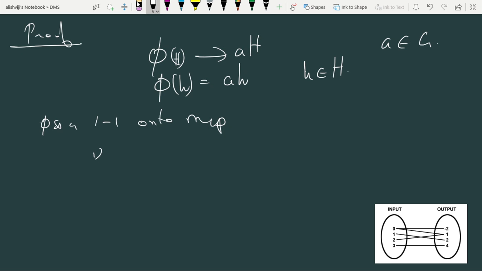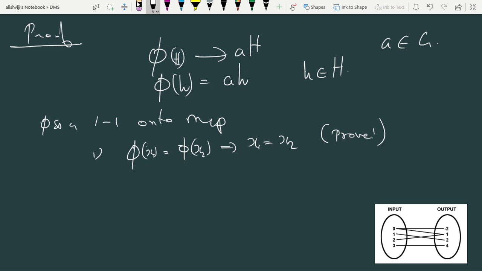So first we have to prove that it is one-one, and in order to prove that, we have to prove that phi of x1 equal to phi of x2 implies x1 equal to x2. That is what we have to prove.